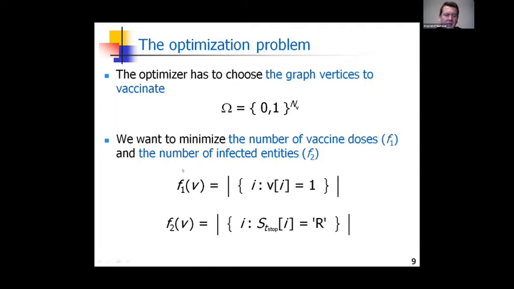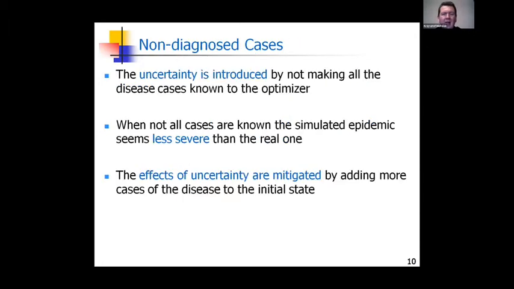The first objective is rather easy to determine because this requires only calculating the number of ones in the vaccination vector, in the solution vector. However, the second objective is obtained by simulating, so it is rather computationally intensive.